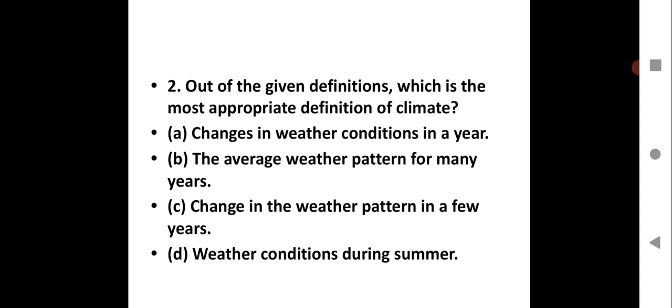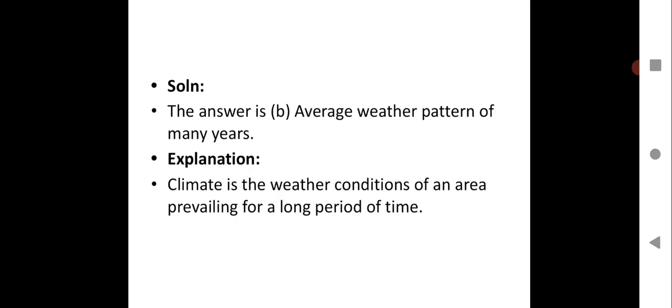As you know, climate is an account of weather condition over a long period of time. So the correct answer is B, that is the average weather pattern of many years. Explanation: climate is the weather condition of an area prevailing for a long period of time. I hope this is clear.